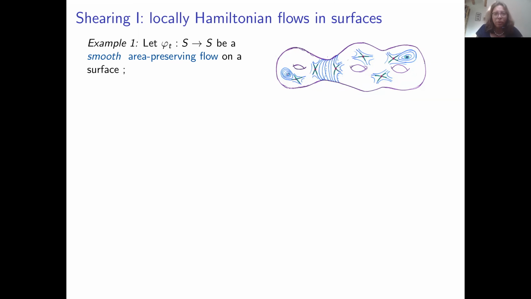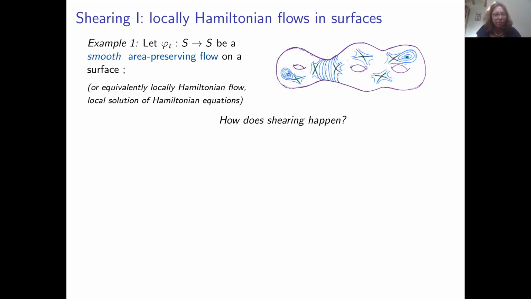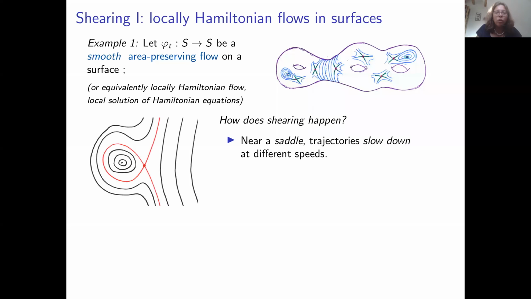I have two examples, and this one is the locally Hamiltonian flow, the Novikov flow. So I have a surface and a smooth flow which preserves area. How do you see shearing? Well, these flows are, as I said, locally Hamiltonian. Shearing happens when you see a saddle and the so-called saddle loop. This is the picture here in red.